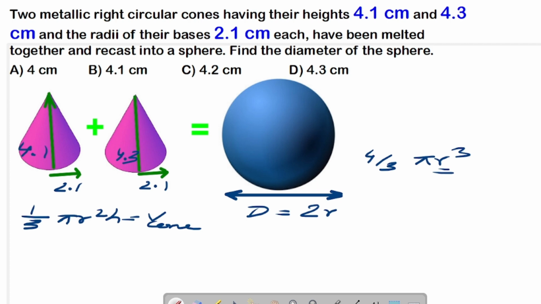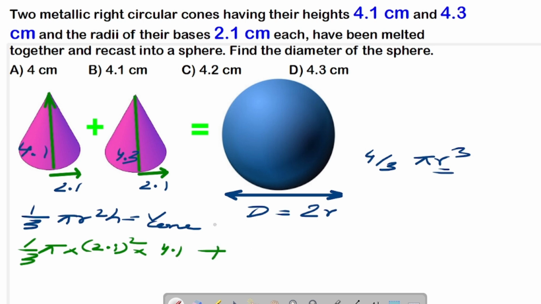Let us see. You know the volume of the cone is 1 by 3 pi r square h. So the volume of the first cone and the volume of the second cone will be added up, right? And this will be equal to the volume of the sphere, right? So let us put in the values over here. 1 by 3 pi into r square, that means 2.1 whole square, h is 4.1, right?